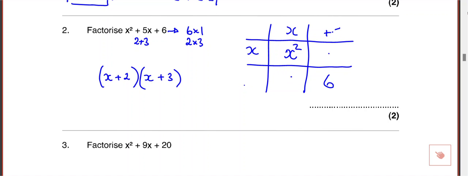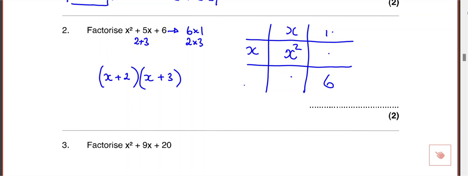Okay? It could be 6 and 1. That would make 6. But then it would be plus 6x and plus 1x. If I add those together, I get 7x, which is not what I want. I only want 5x. So I know that that can't be, right?